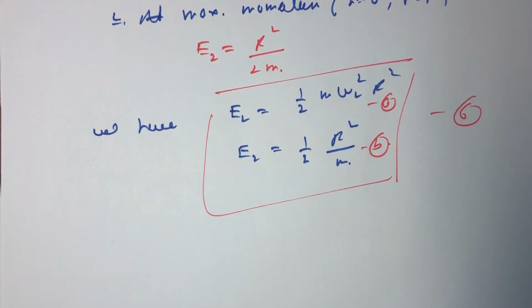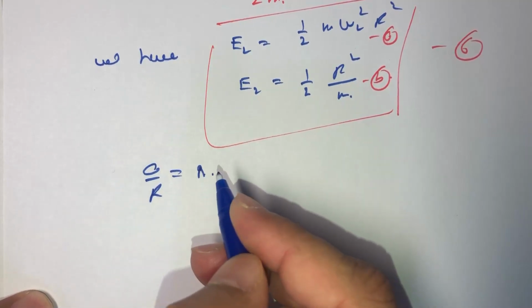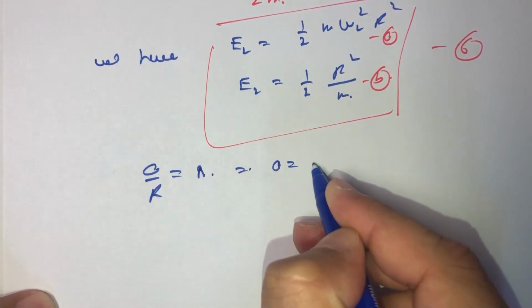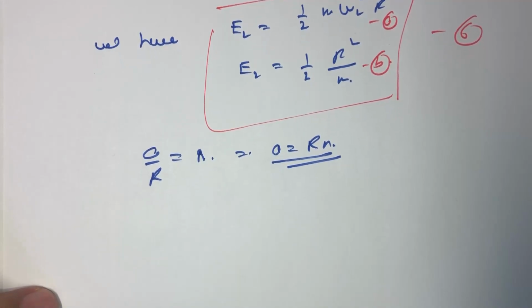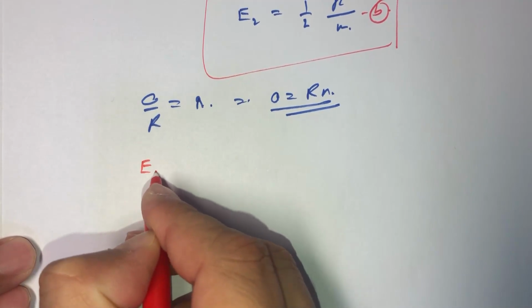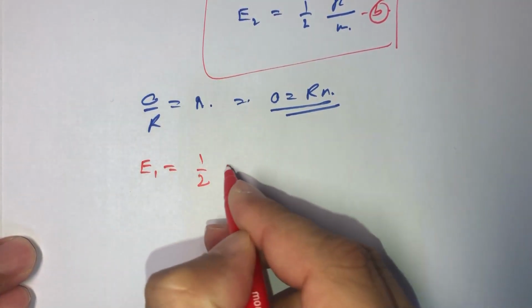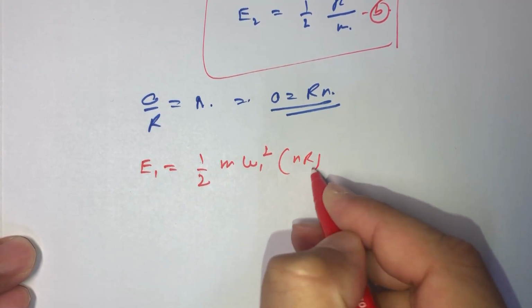And we know that a upon r is equal to n, so from here we can say that a is equal to rn. So if a is equal to rn, therefore we get that E1 will be equal to half m omega 1 square, and this becomes nr whole square.